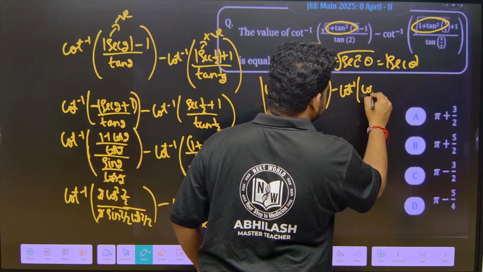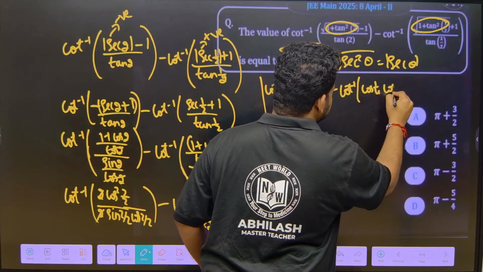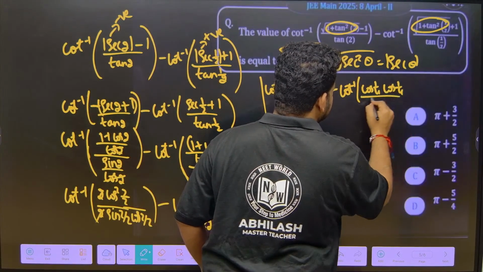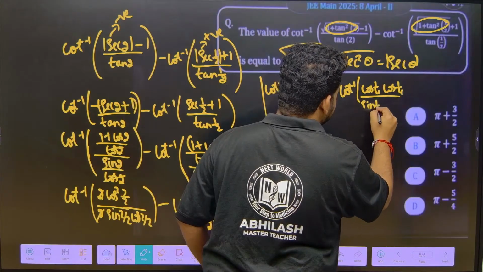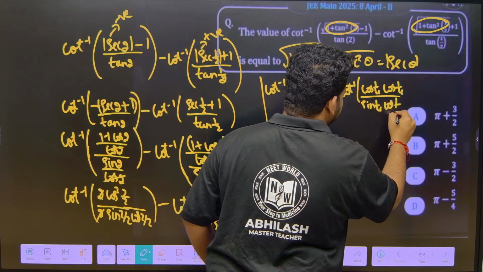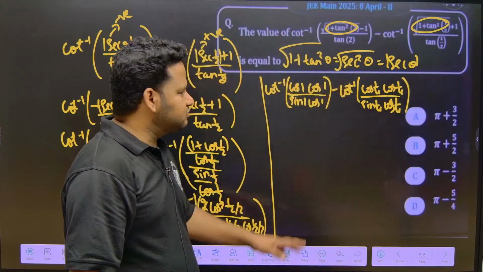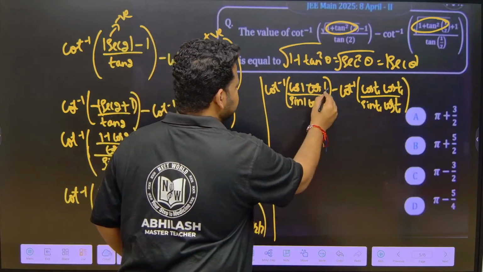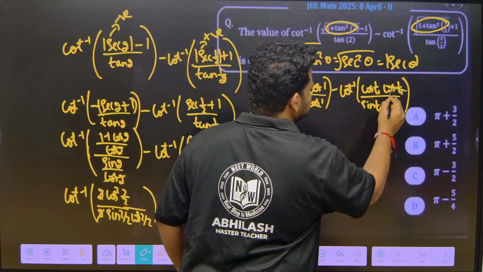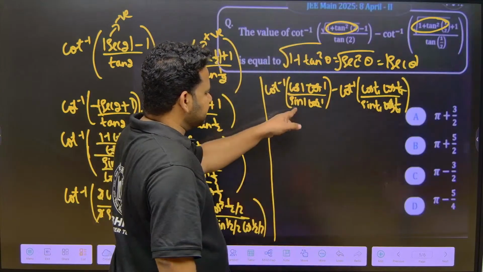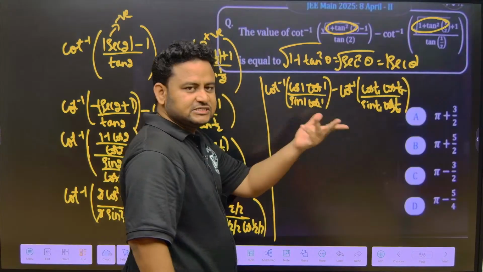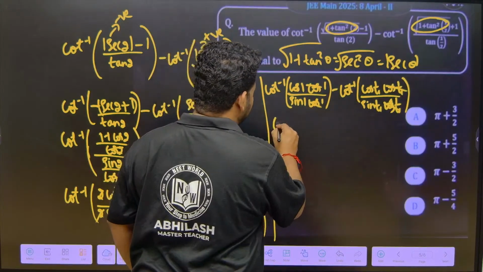That I can write as cos 1 by 4 into cos 1 by 4 divided by sin 1 by 4 into cos 1 by 4. Now cos 1 I can cancel, cos 1 by 4 I can cancel. I will be left with cos by sin, which is nothing but cot.